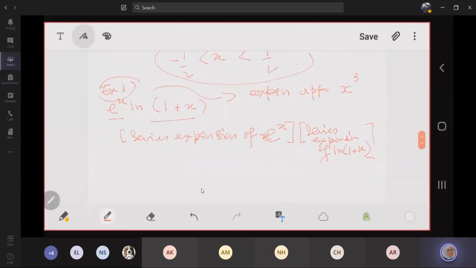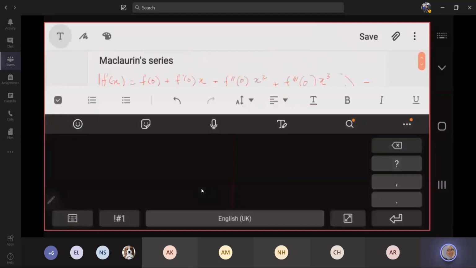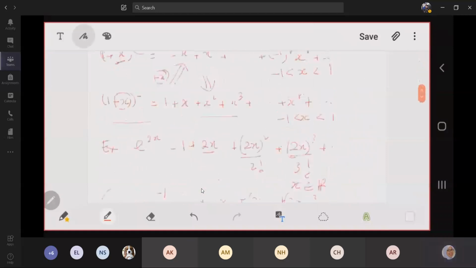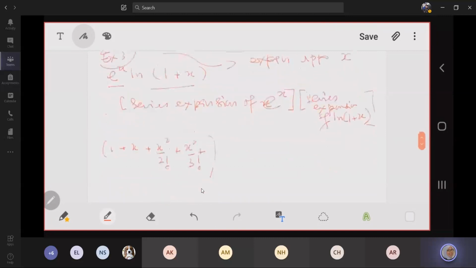In this case, the series expansion for e to the x is 1 plus x plus x squared on 2 factorial plus x cubed on 3 factorial, because I'm asking for up to x to the power of 3. So I just take up to x to the power of 3.